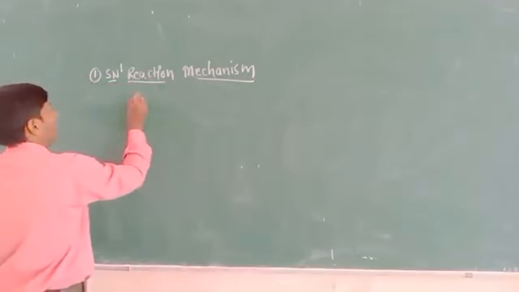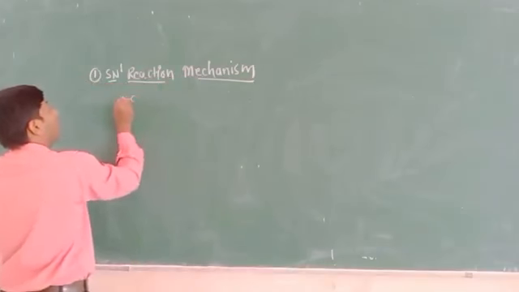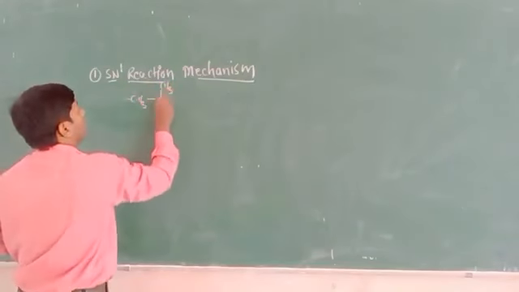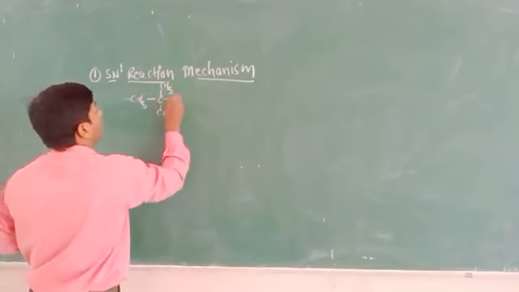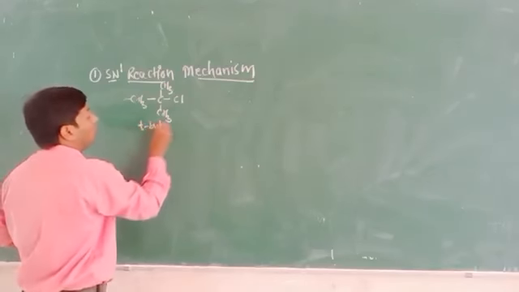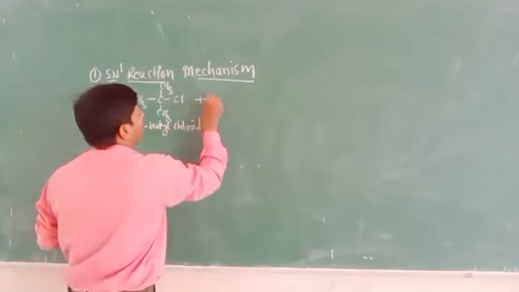In the SN1 reaction, given tertiary butyl halide, the halide is chloride, tertiary butyl chloride, is treated with NaOH.